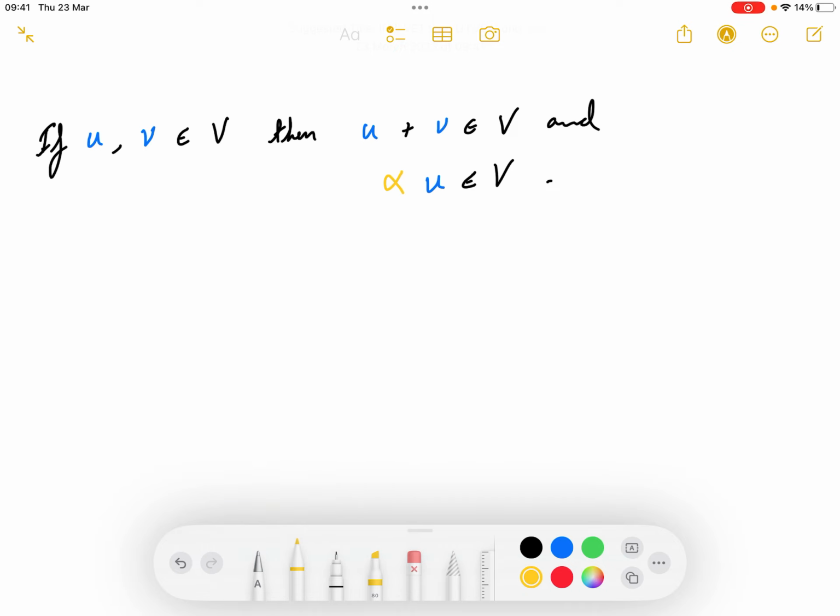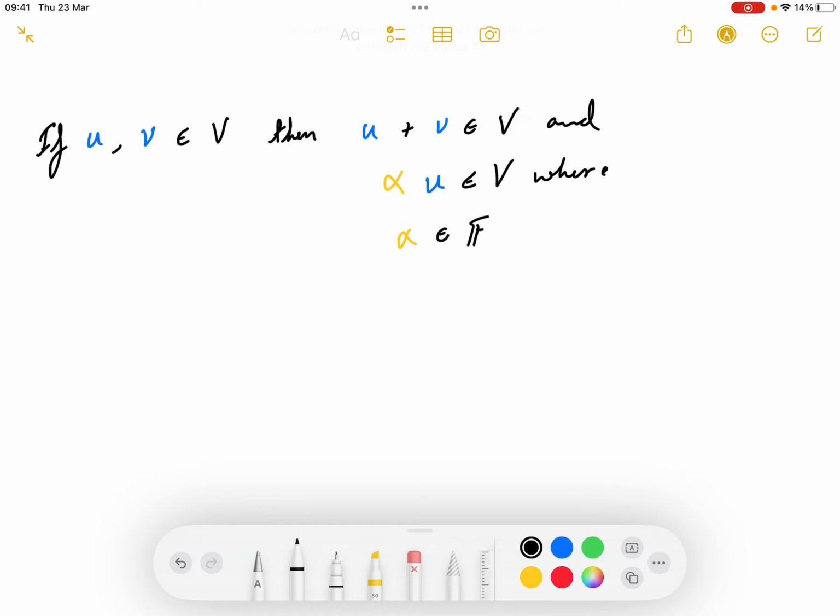there's a lot of things you can say about vector spaces, and I won't prove all of them. But first of all, we can say, and also I need to tell you what a is, where a is an element of some field.